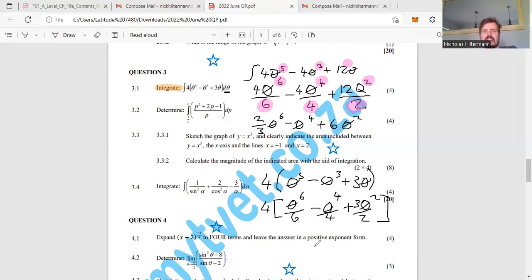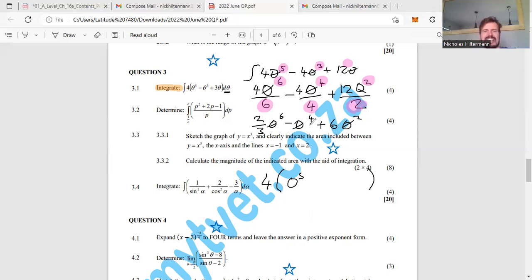And then after that, I times in the 4. You see 4 times 6, we get the 4/6, the 4's cancel. So you then just times your 4 in later. If you look at that method and find that's easier than the top method, then you can do that. It doesn't really matter. You get the same answer.